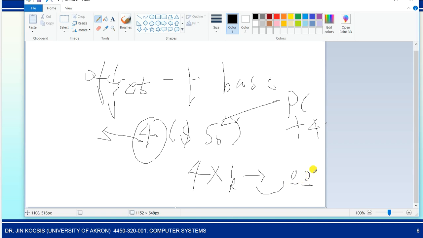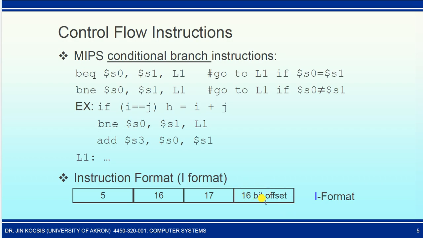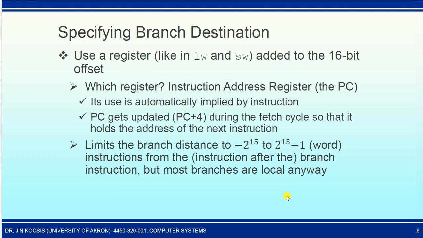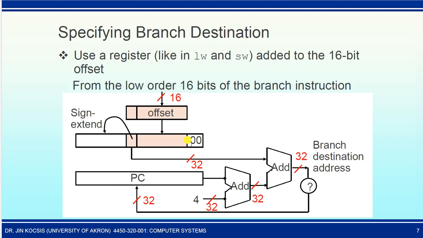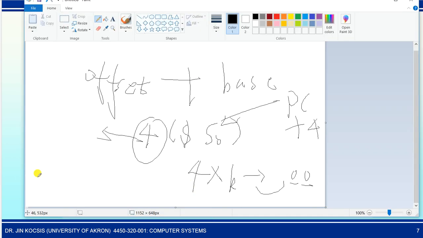Because of that, I don't want to waste 2 of the 16 bits, which are the last 2 of the 16 bits, to represent 2 zeros, although I know there will be 2 zeros in advance. Instead, I will use these 16 bits to represent the relative memory address, which is right before these 2 zeros. In other words, what I represent here is using the 16-bit binary number contained in that segment and doing a 2 zero extension at the end.